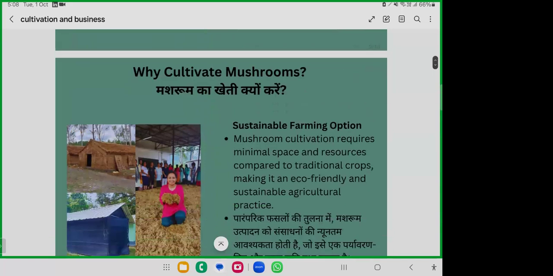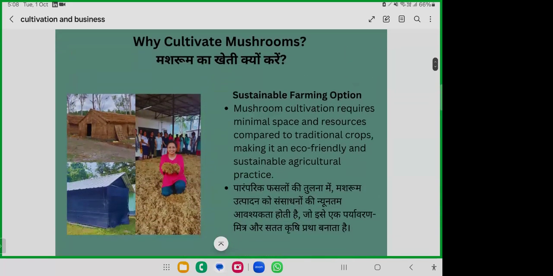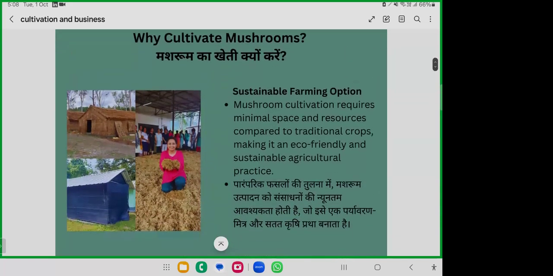Second, why cultivate mushroom? It is a sustainable farming option, because mushroom cultivation requires very minimal space and resources compared to traditional crops, making it an eco-friendly and sustainable agriculture practice. As I told you, the one thing required is temperature.